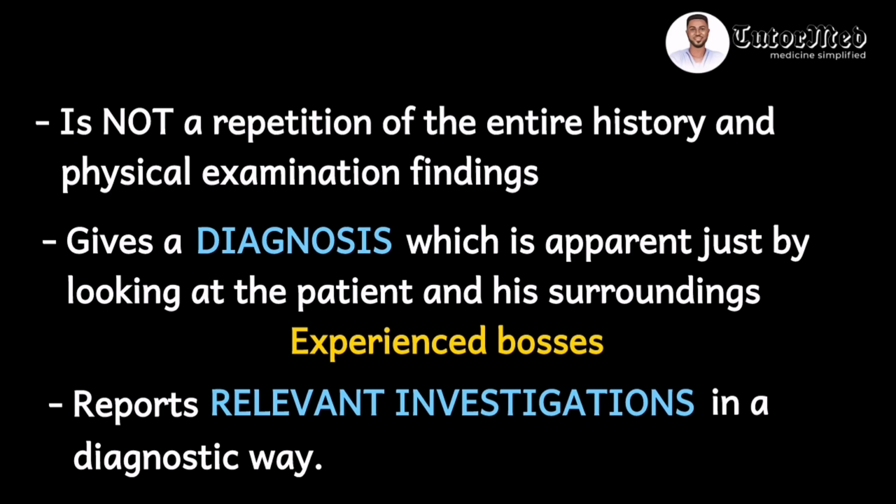If your superior wishes to know the red cell indices, he or she will ask you for them. But please learn how to report investigations in a diagnostic way because you are presenting a case summary.